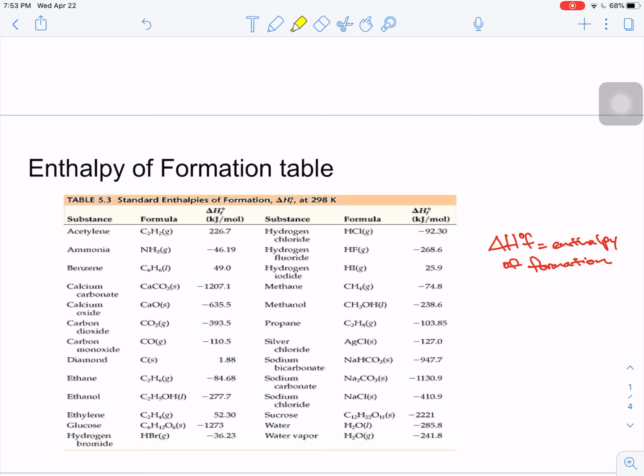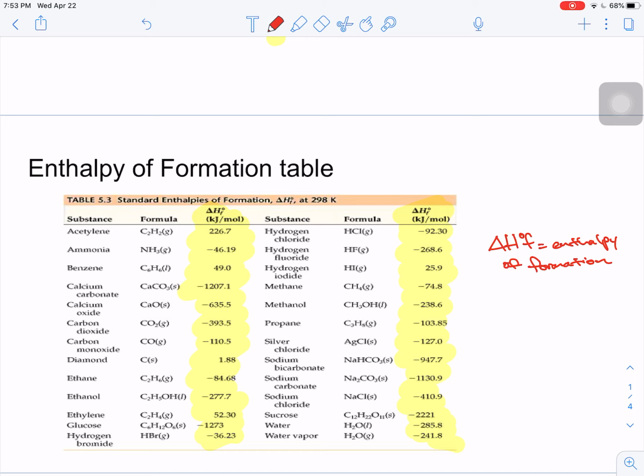So the first thing I want to go over is this column here. Like I have written out on the right in red, these are your enthalpy of formation values. What that means is all these numbers are the amount of energy that is transferred when you form a mole of the substance it's correlated to.